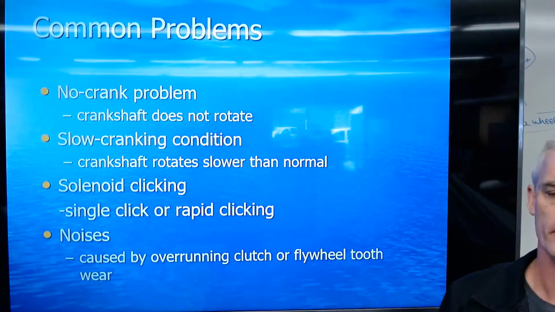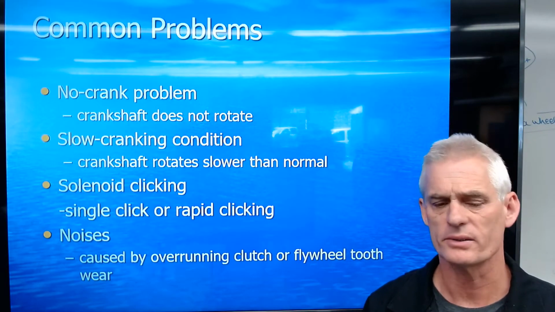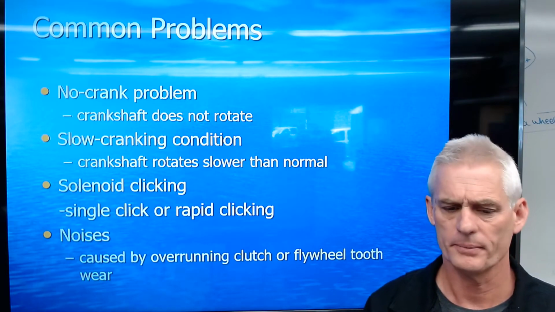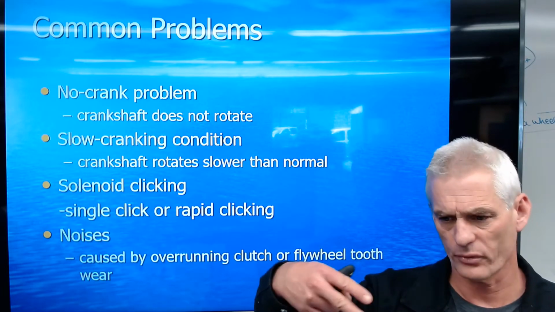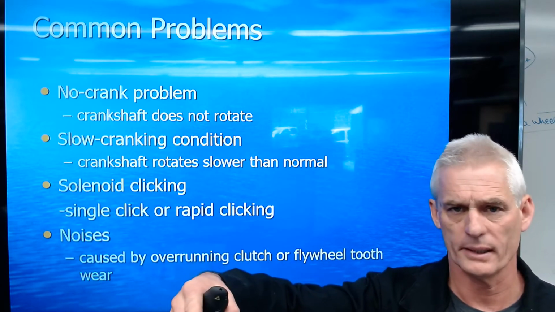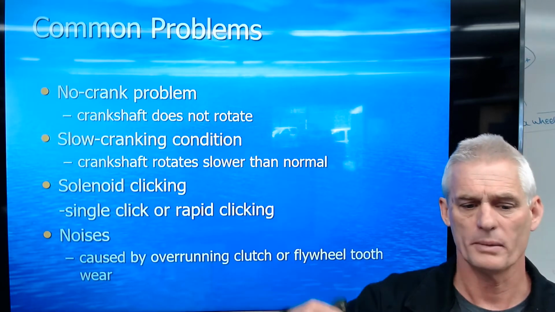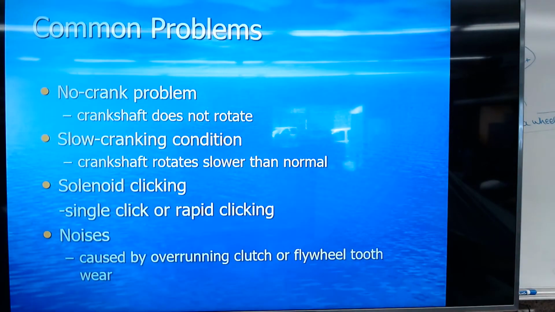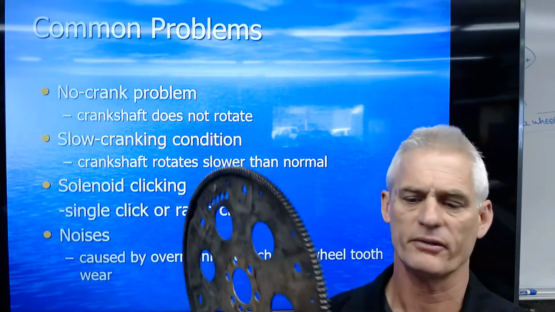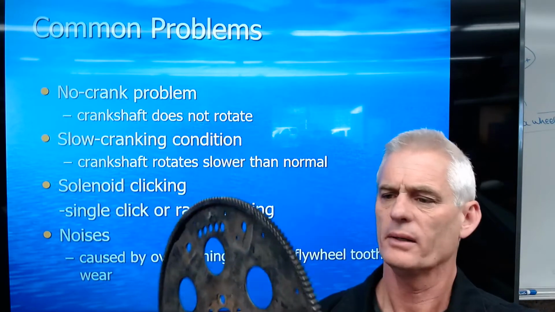Our next scenario is different types of noises that can come out of the starter motor that are caused by maybe the starter's overrunning clutch or drive mechanism not holding the gear in with the flywheel, or maybe it's the flywheel teeth itself. So I grabbed an automatic transmission flex plate, which has a ring gear for the starter to engage the teeth.